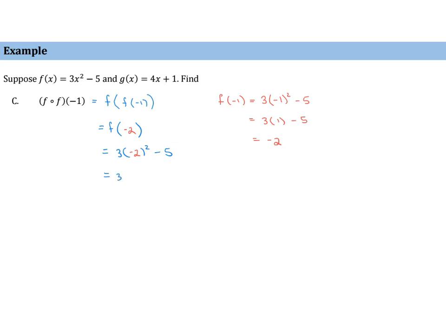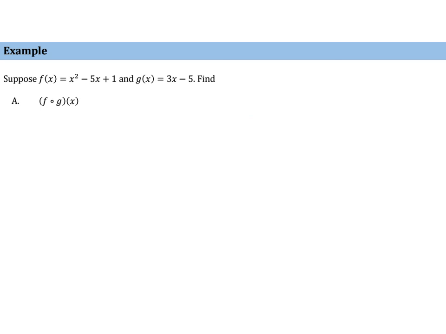So this is 3 times 4 minus 5, which is 12 minus 5, which is 7. Now this time, you'll notice that we're going to keep our input as x. So our output is going to be a function. So we have f of g of x.